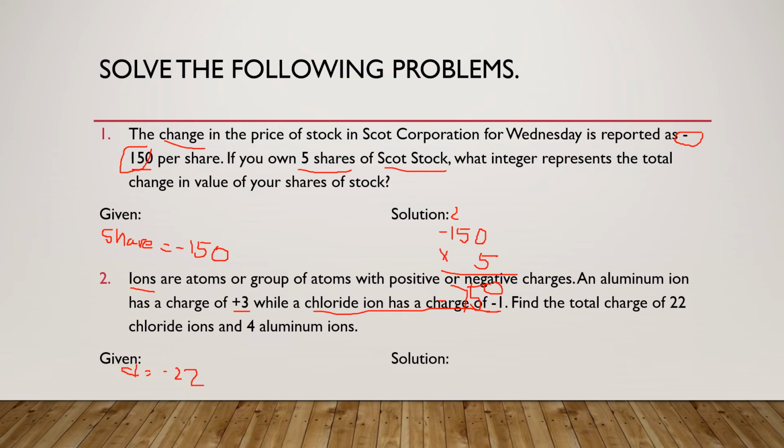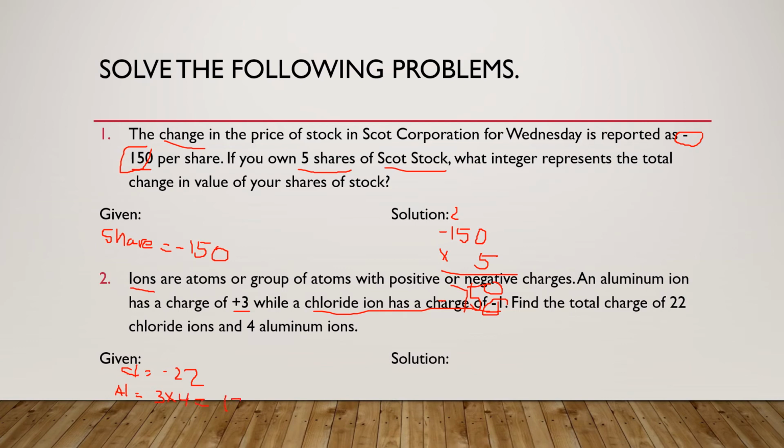Because ang charge kasi niya is negative 1 for every chloride ion. So we have 22. So it's negative 22. What about the aluminum ion? So yung Al, yung aluminum, Al stands for aluminum ions. So we have 3. Na positive 3 kasi siya. So 4. So 3 times 4, that is what?